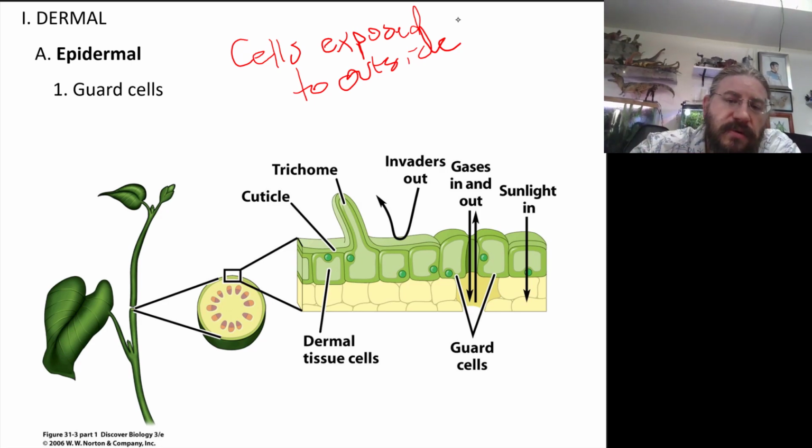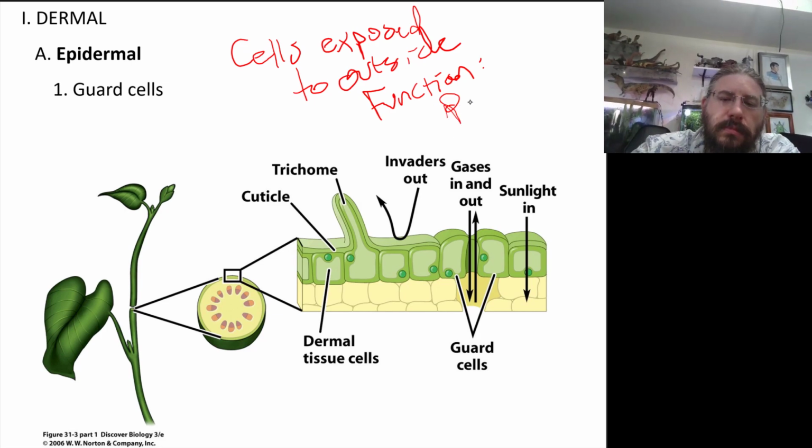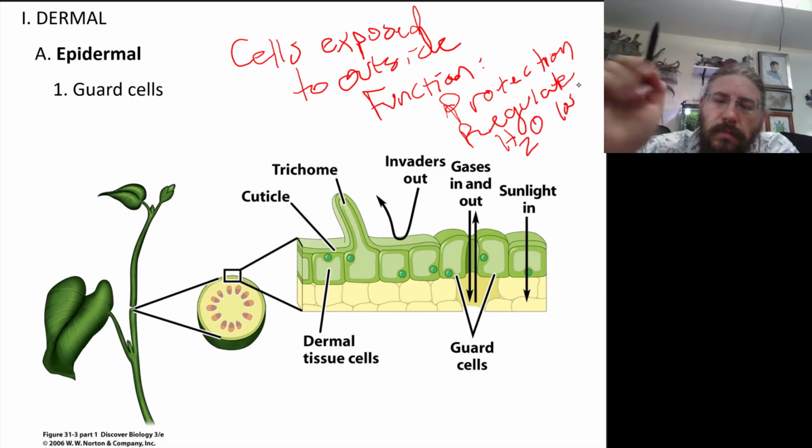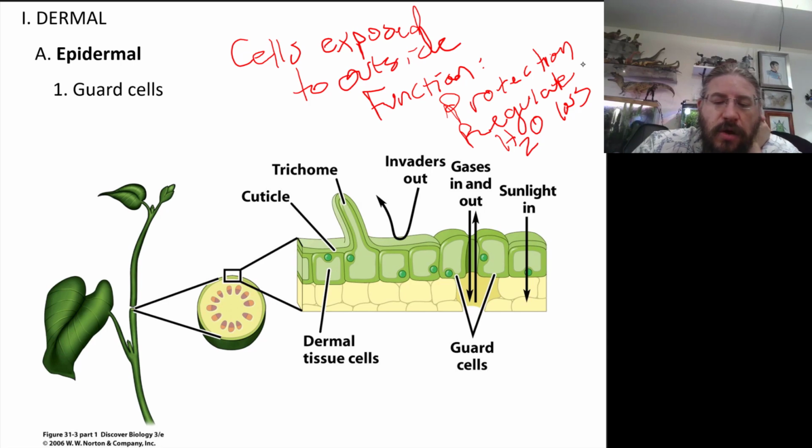Main function, protection, and regulating water loss. Right, how do they do that? Well, the epidermal cells are where we find the modifications that allow for gas exchange in a plant. And it was a million years ago, but the stomata.